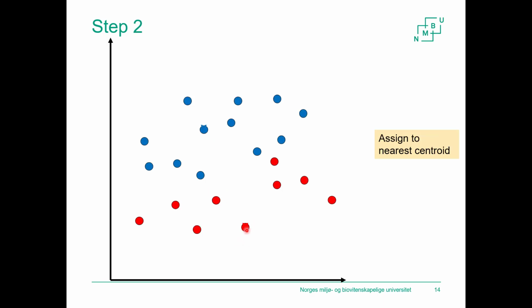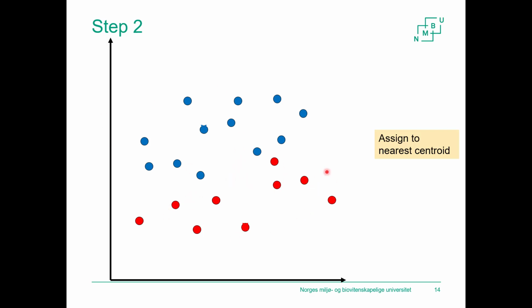Then step 2, assign all points to a group, depending on which centroid you are closest to. So this one is red because it's a little bit shorter down here than up here. And all the blue points are up here because they have shorter distance to the blue X than to the red X. So that's how you distinguish red and blue now.